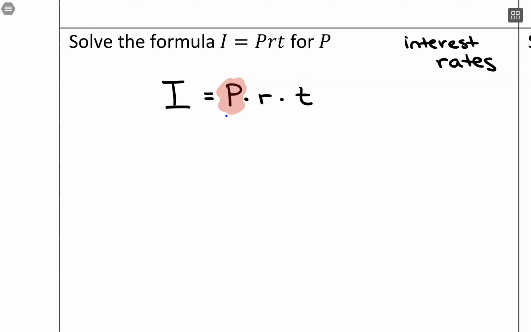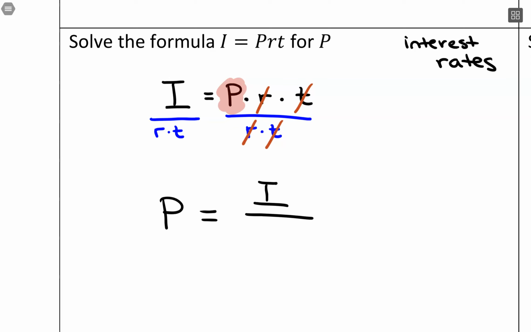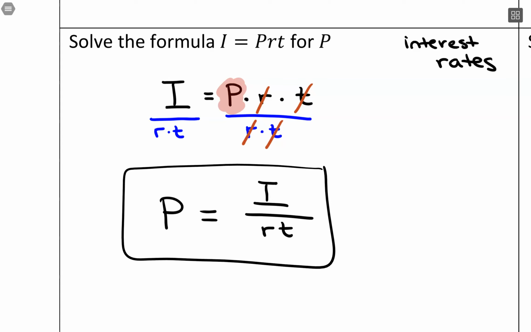So what I'm going to do is divide by both of those pieces, this rate times time, and divide by both of those over here as well, because then what will happen is the r's will cancel out into 1, t's will cancel out into 1, so that all we have left is P, the principal, equals I divided by R times T. And there we have our formula.